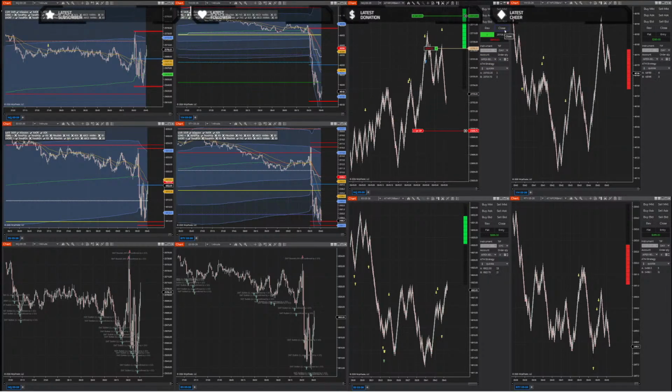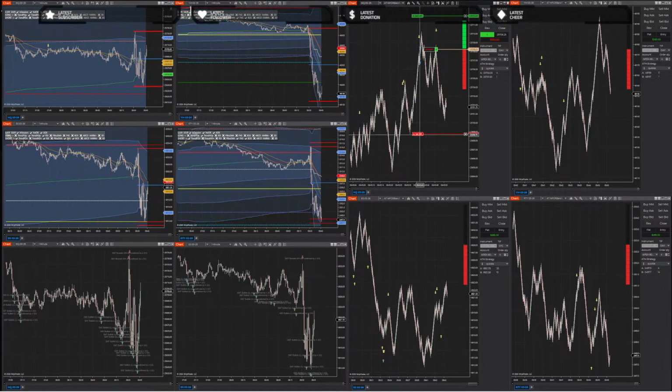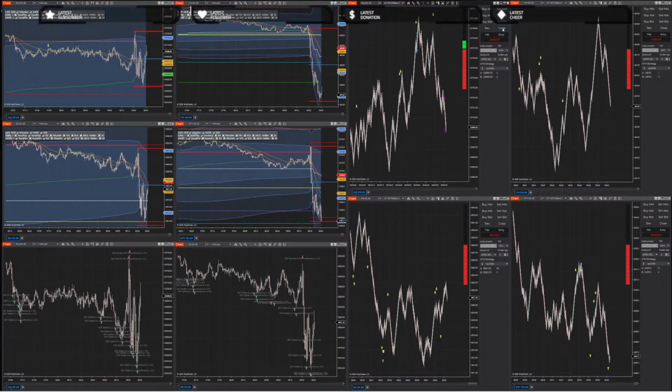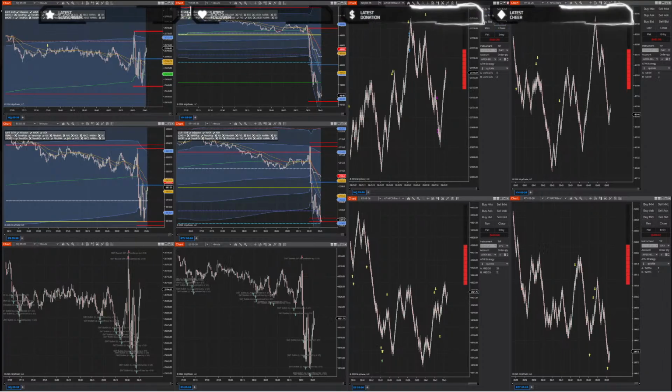Alright, I'm gonna try a quick position here. See if I can get it up to that top. Oh, right. I'm trying to get a bit. Right.